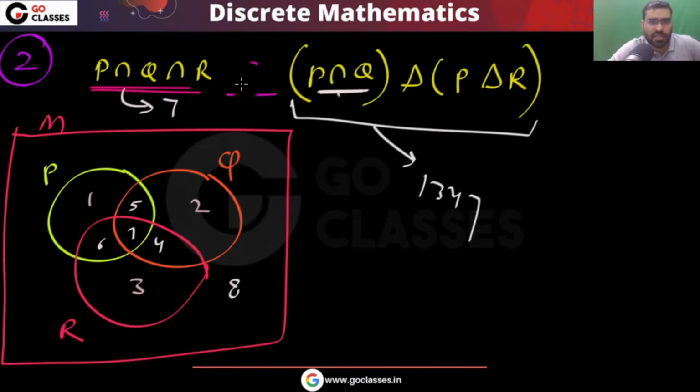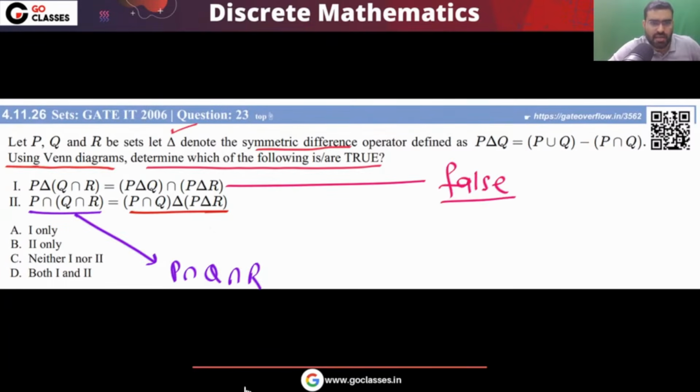If you say this is equal to this, it is false. So finally this is also false. The question is asking which is true. So the answer will be neither first nor second. The answer will be option C.